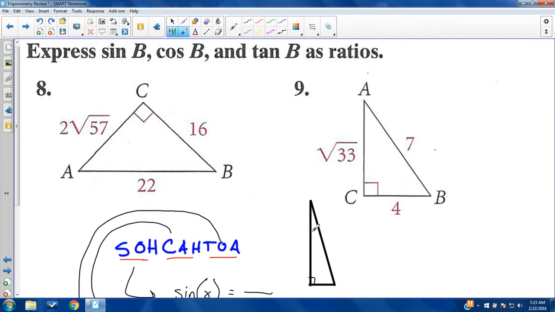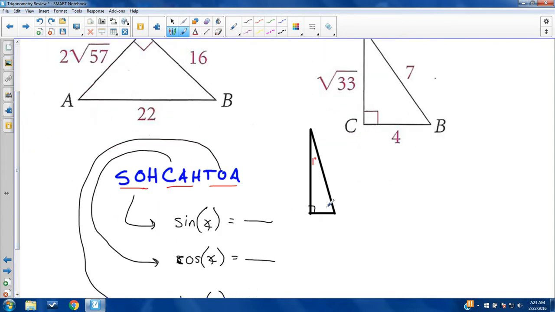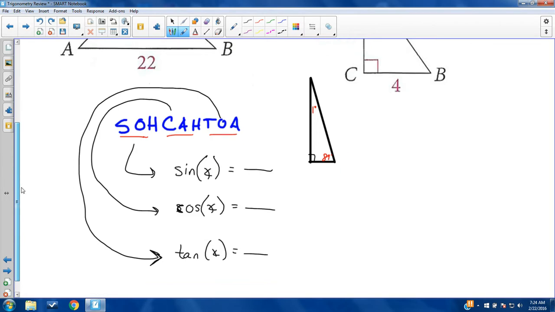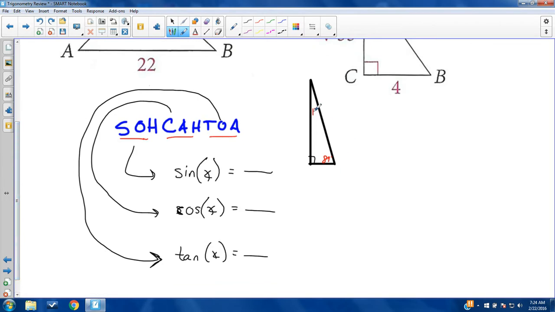Obviously the other is 89 degrees, and I'm going to take the ratio of two sides. For sine, it takes the side opposite angle 1 and divides it by the hypotenuse of the right triangle. So this is opposite over hypotenuse.